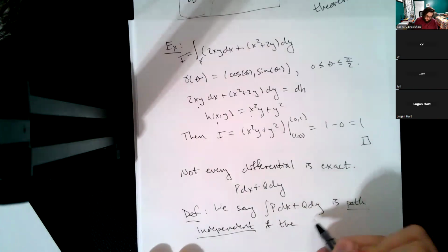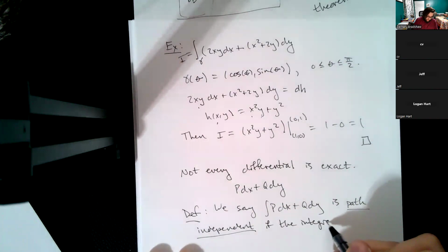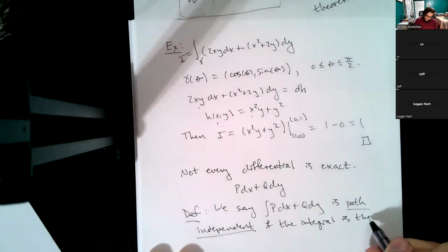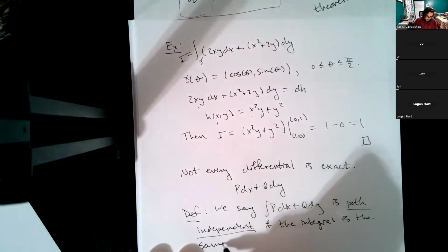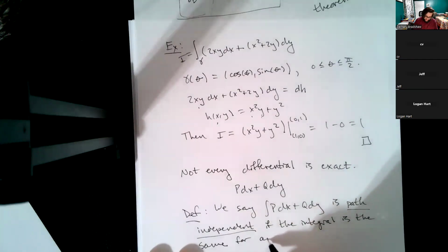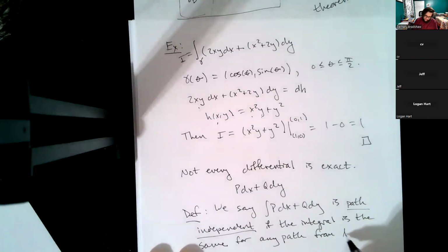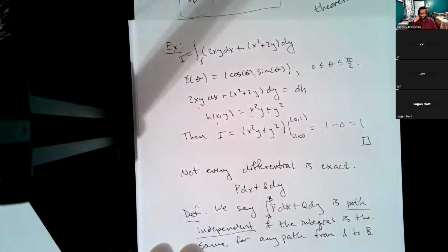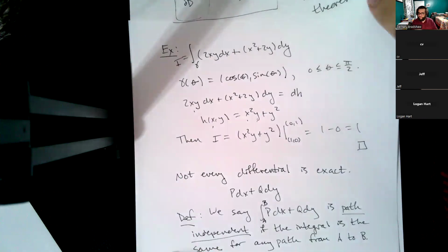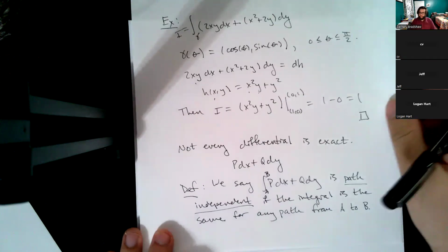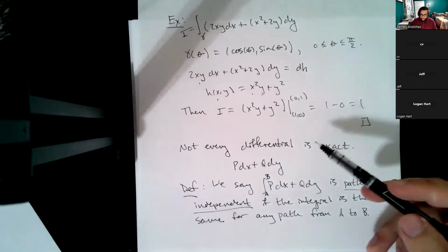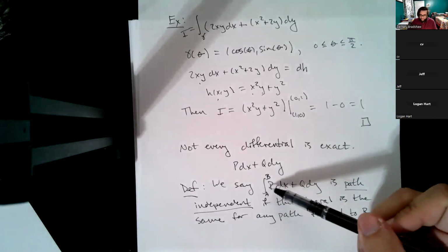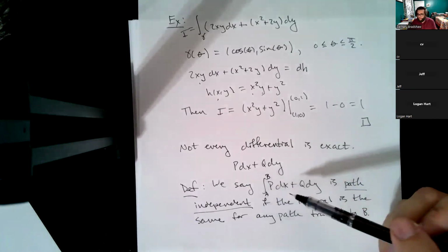If the integral is the same for any path from A to B. So maybe I should write this as the integral from A to B, just to clarify that I do fix my endpoints here. So we say that the integral is path independent if it doesn't matter which path I choose to get from A to B, the integral is still the same.